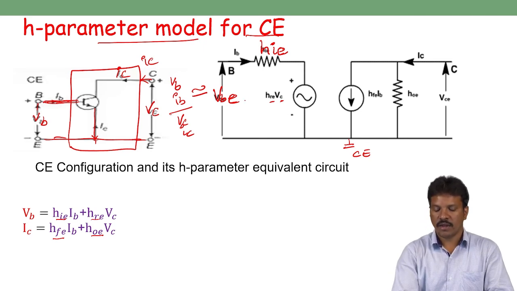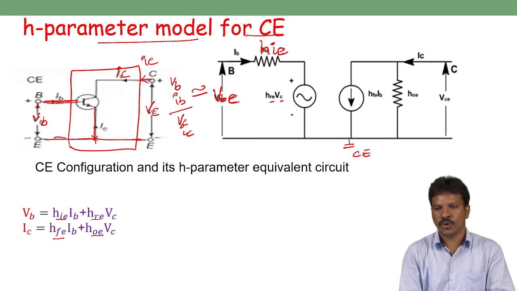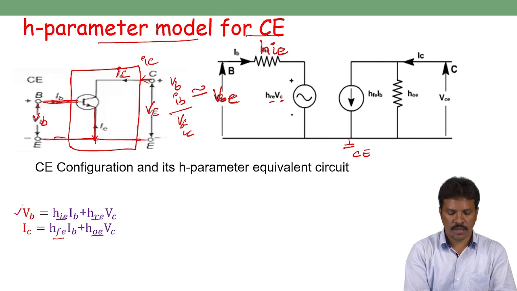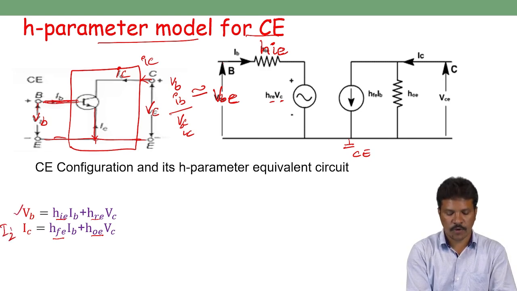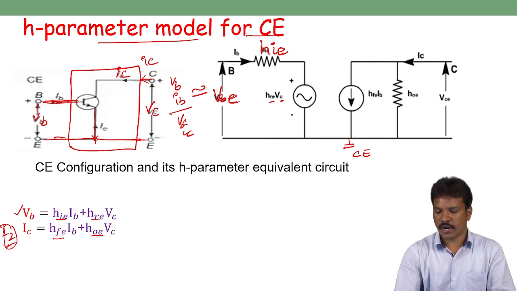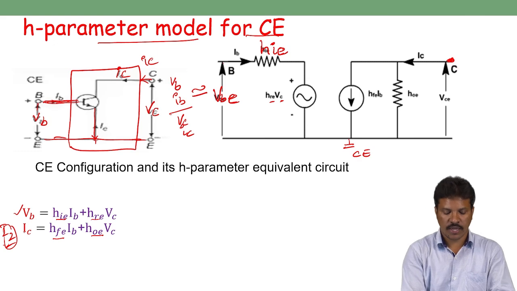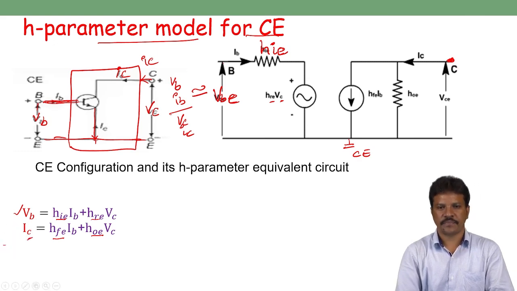So here when we take the independent variables V1, I2, one is the input port. Here the input port terminal is base, so VB, and I2 represents the output port current, where the output port represents the collector. So I2 is nothing but collector current IC.